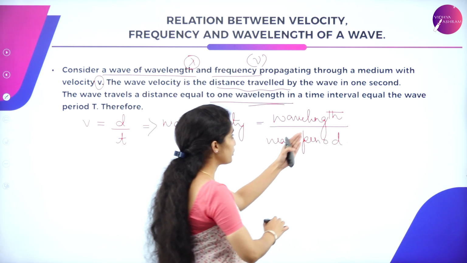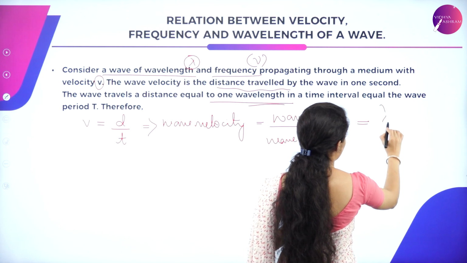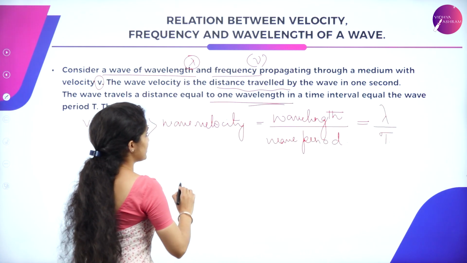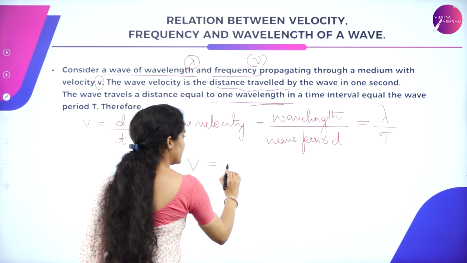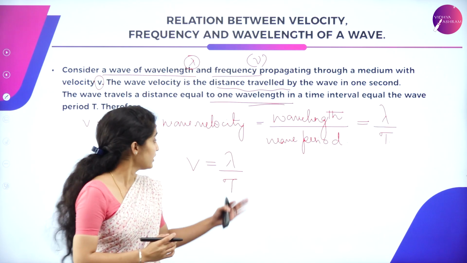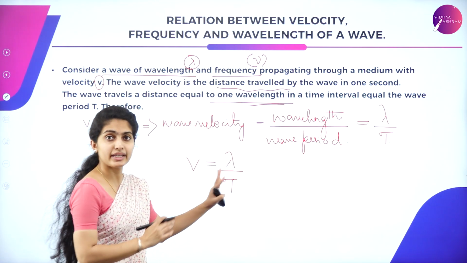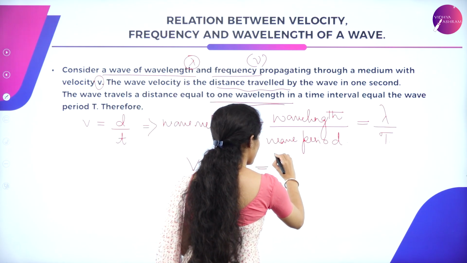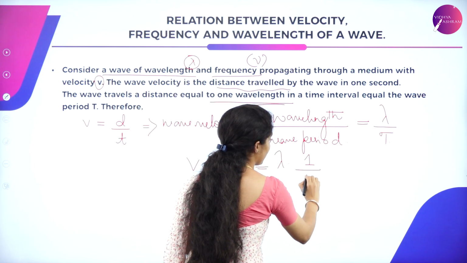The wavelength is lambda and the wave period is T. So wave velocity v is equal to lambda by T. If we split it up, it is lambda into 1 by T.